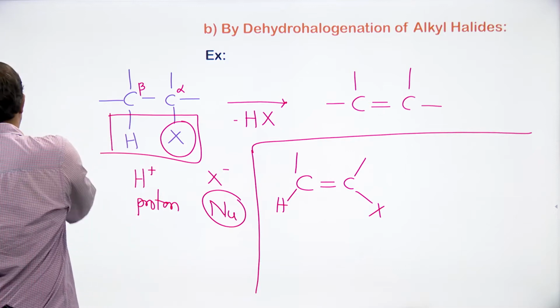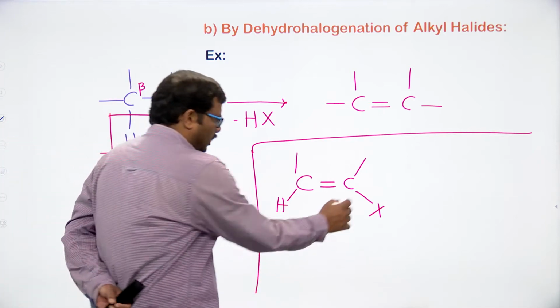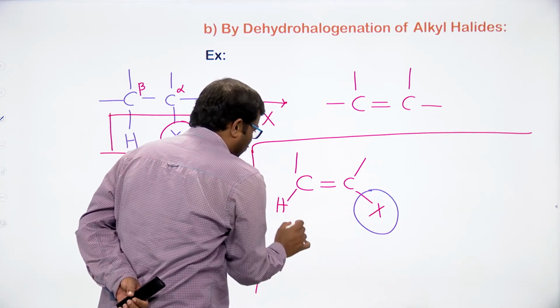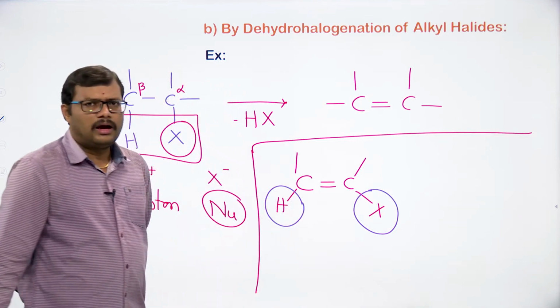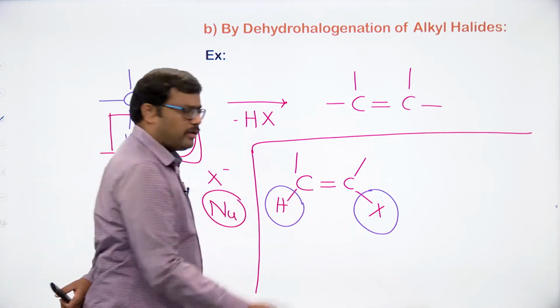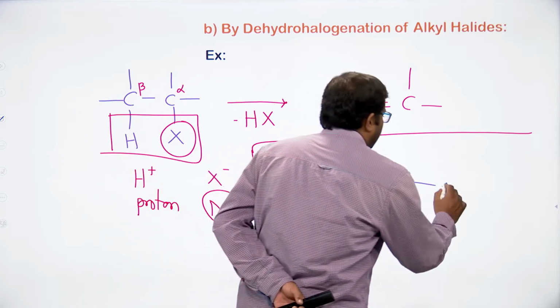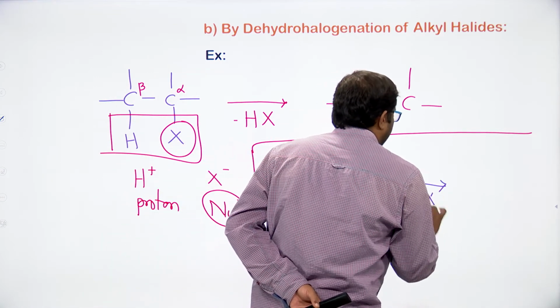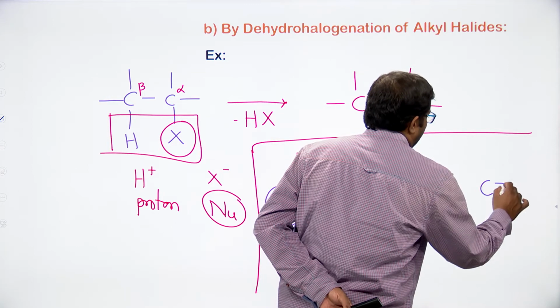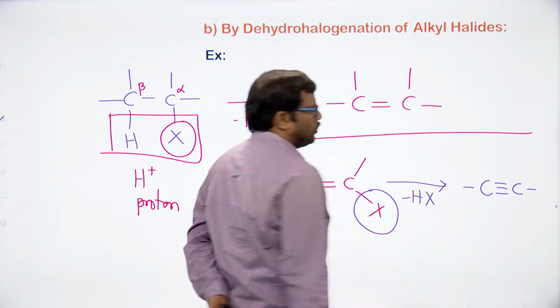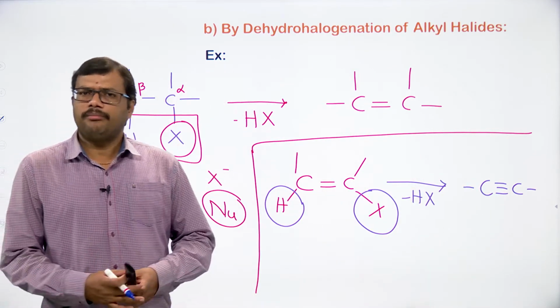Now, here if you observe, again the halogen from here and the proton from the adjacent carbon atom are removed in the process, and thereby minus HX will result in the formation of a carbon-carbon triple bond. So, we get an alkyne as a product.